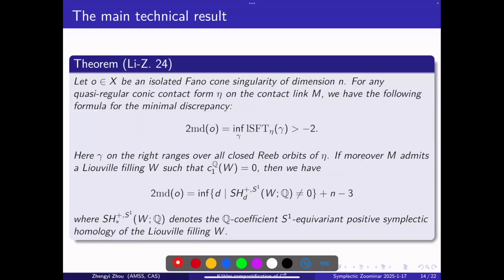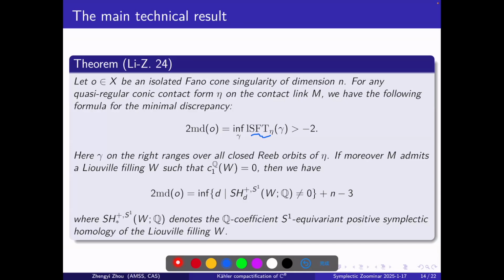Okay, so the actual main result we proved is the following theorem. It says if O is an isolated Fano cone singularity of dimension n, and for any quasi-regular conic contact form, that is the sort of Sasaki contact form, such that the Reeb vector flow will generate an S^1 action, we have the following formula for the minimum discrepancy, which says twice the minimum discrepancy is the infimum of the SFT degree.